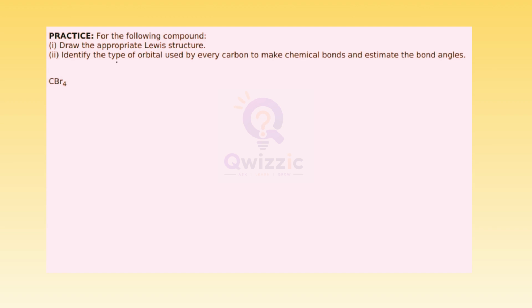Recall that when we're drawing a Lewis structure, the first thing we have to do is figure out the total number of valence electrons. So let's do some math to start us off, because we have 1 carbon and 4 bromines. Carbon has a total of 4 valence electrons, and bromine is a halogen, so we have 7 valence electrons, but there are 4 bromine atoms, so we multiply that by 4.